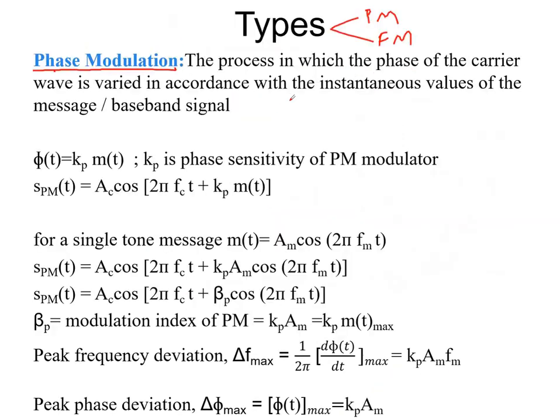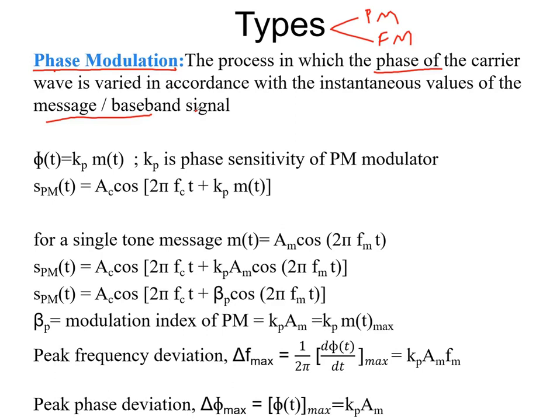Now coming to phase modulation, which parameter is varying? The phase of the carrier is varied with respect to the message signal. That's it. If you know the standard definition of modulation, then here in phase modulation, the phase parameter of the carrier is getting varied with respect to the instantaneous values of the message or the baseband signal.